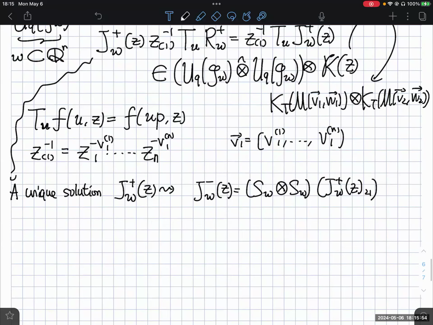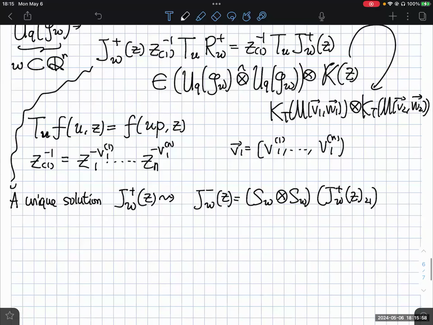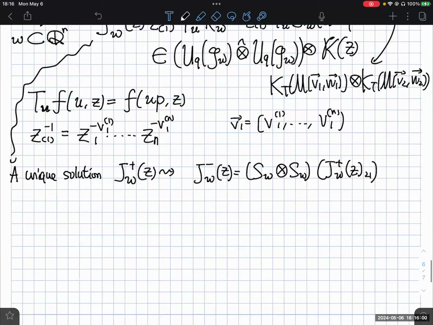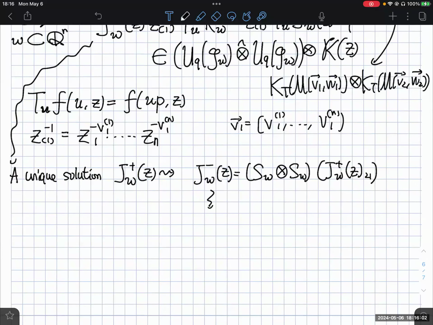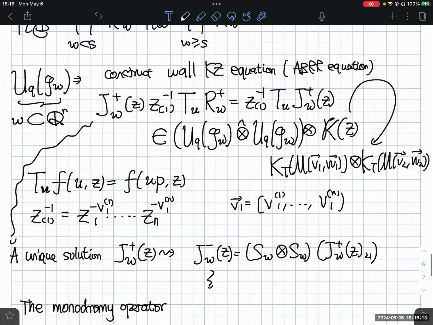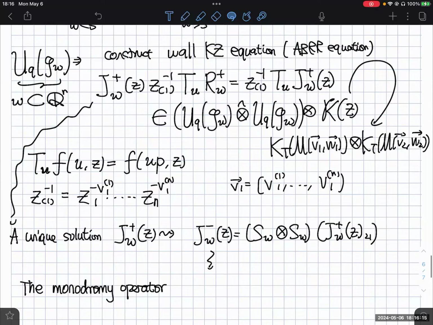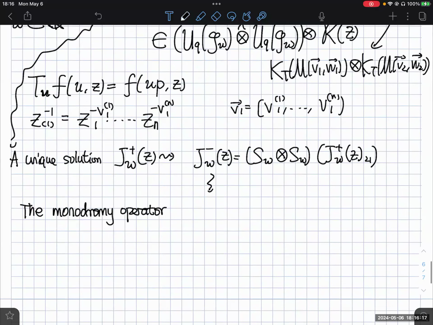And this SW is the antipode of the wall subalgebra. Using this operator, we can define the monodromy operator. It is defined as WZ.